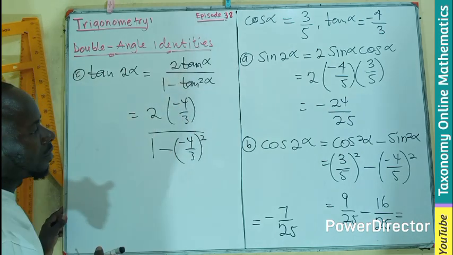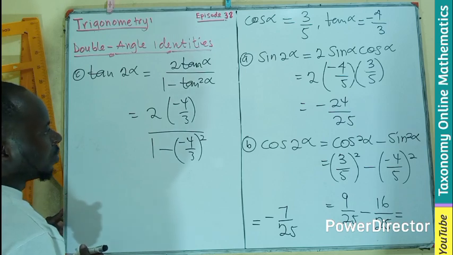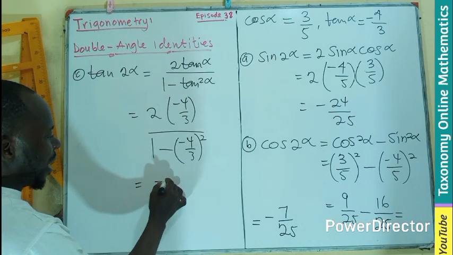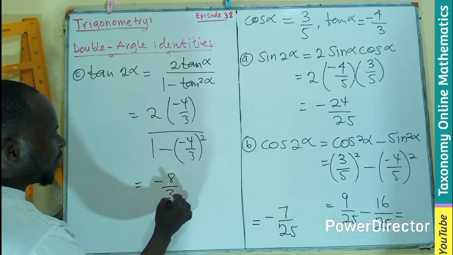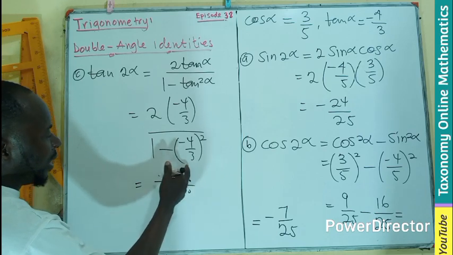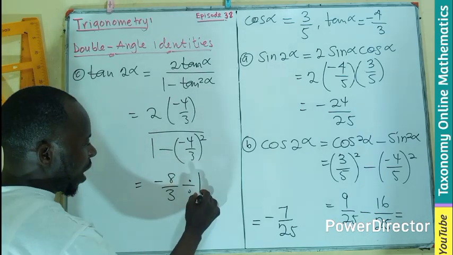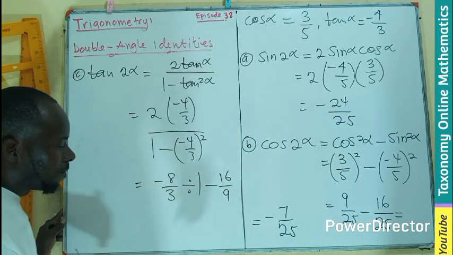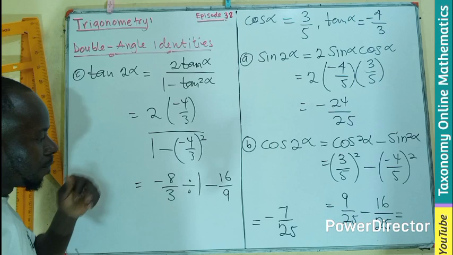This is the square of that. So what do we do? 2 times this will be minus 8 divided by 3. I want to maintain this. It will be 1 minus 16 divided by 9.